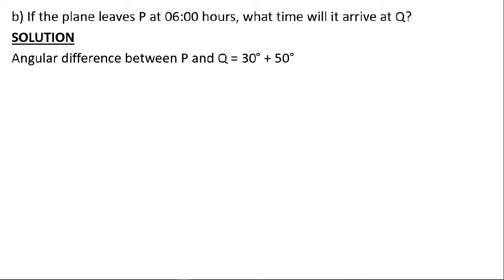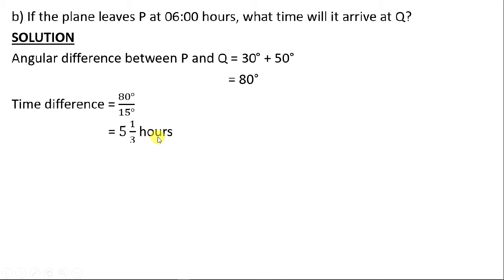So the angular difference must be added because they were on opposite sides. So our angular difference between P and Q is 30 degrees plus 50 degrees, which gives 80. Then we have to divide by 15 so that we find the number of hours.